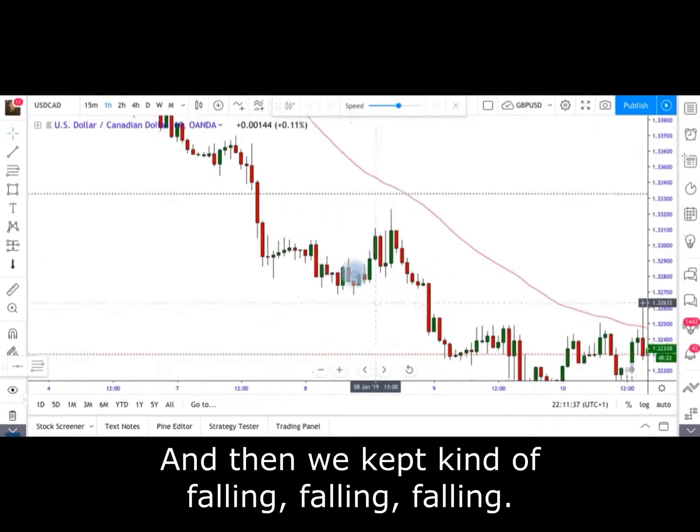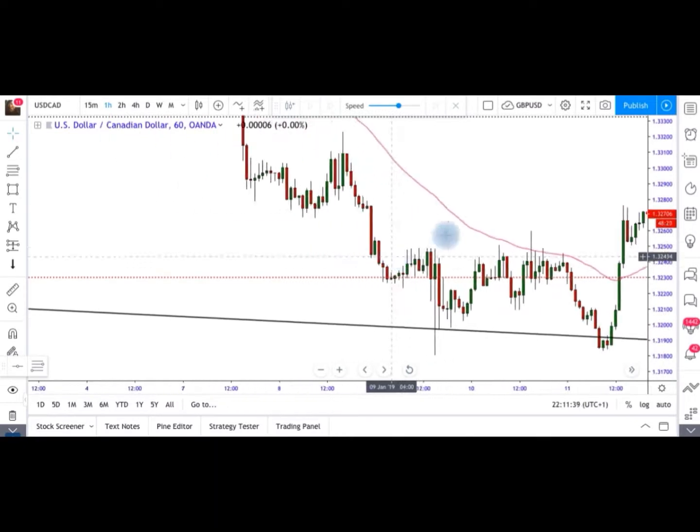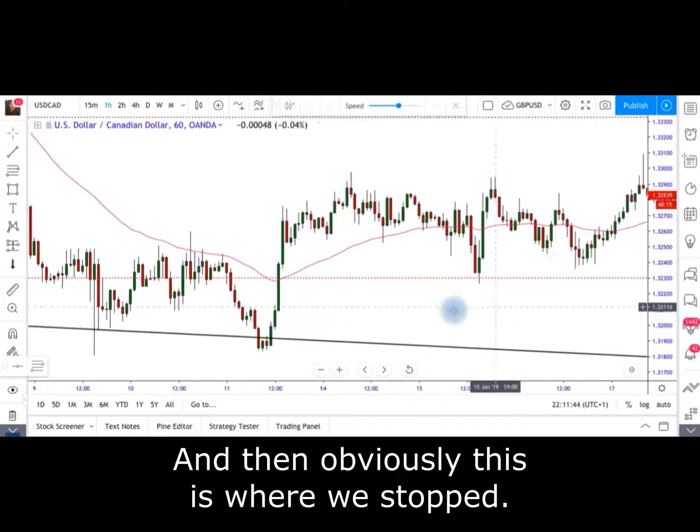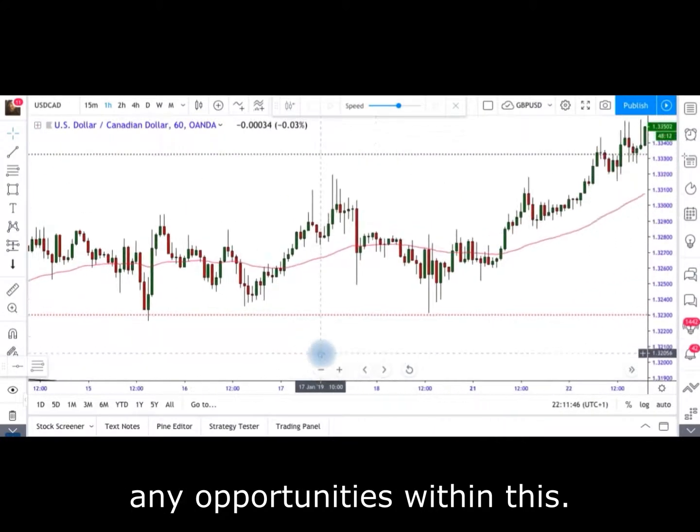And then we kept kind of falling. And then obviously this is where we stopped. Let's just see if we could have seen any opportunities within this.